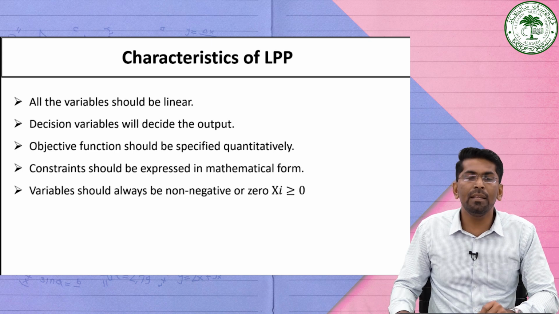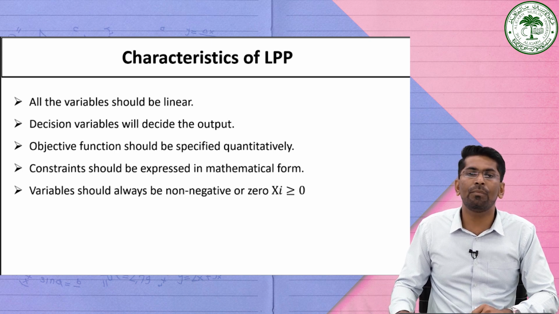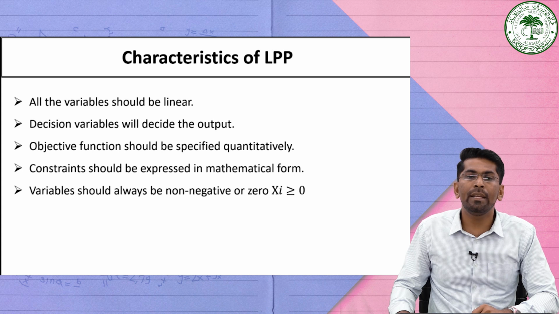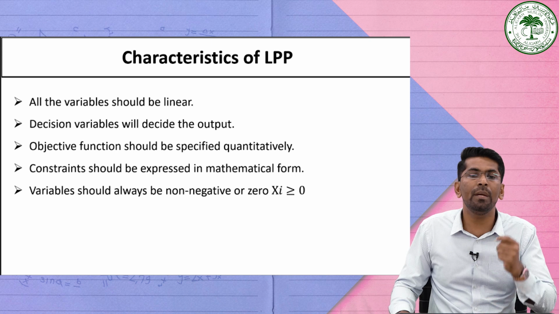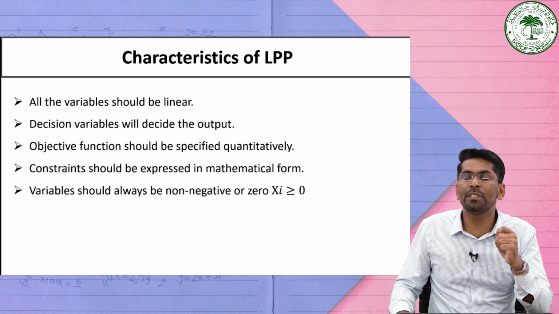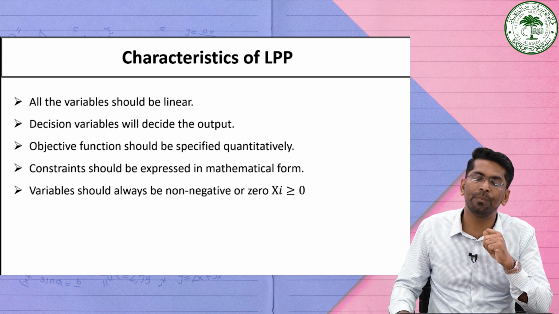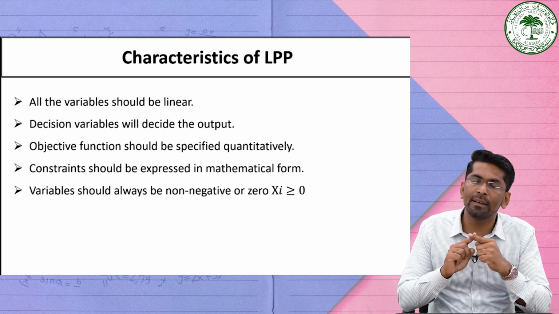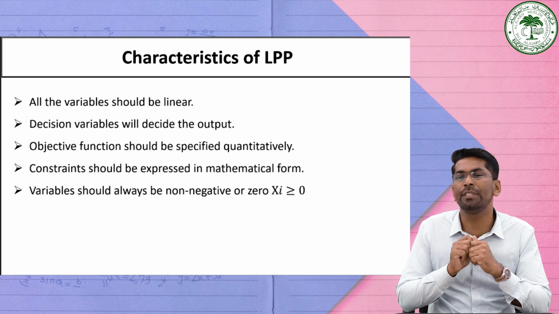Now another most important characteristic of a linear programming problem is non-negativity of variables. That means variables should always be non-negative or zero. This assumption says that the decision variable cannot take a negative value. They must be greater than or equal to 0.